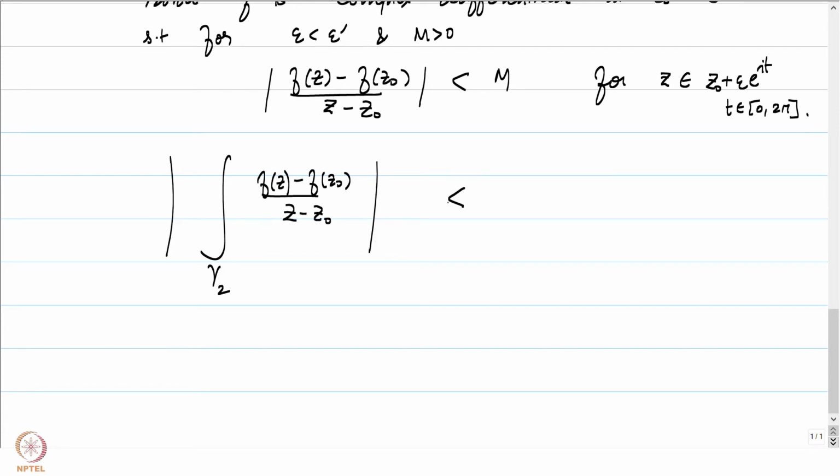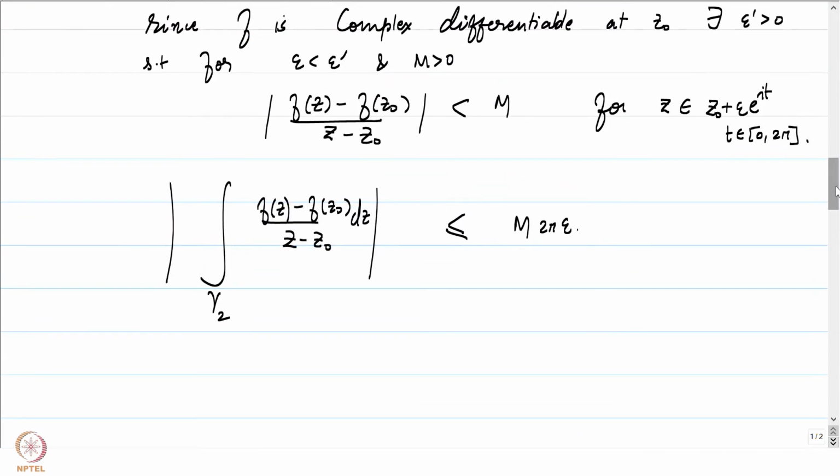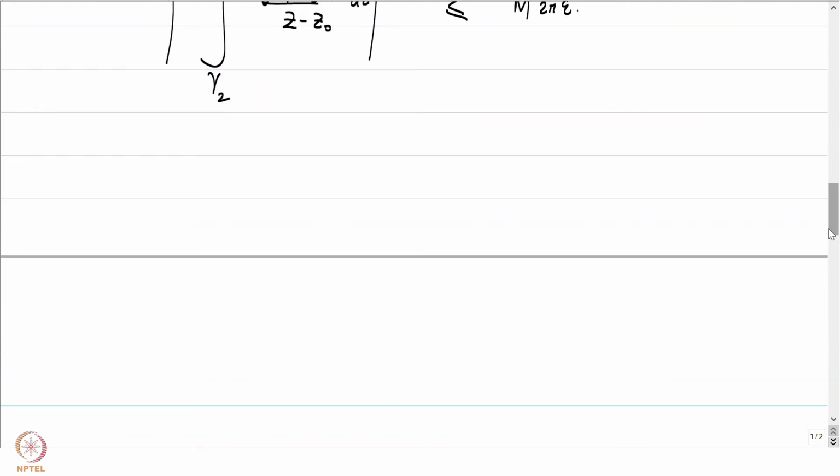This will be less than or equal to the absolute value of the integrand, f of z minus f of z naught by z minus z naught, which is bounded by m, times the arc length of gamma 2, which is going to be 2 pi epsilon. So this is a bound which we have because of the holomorphicity or complex differentiability of f at the point z naught.